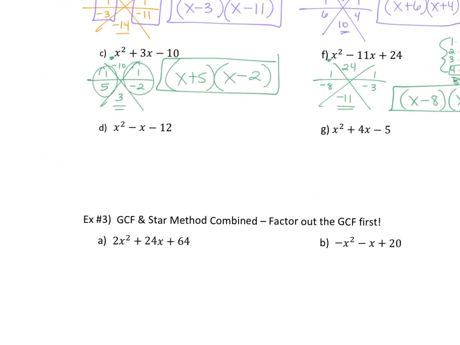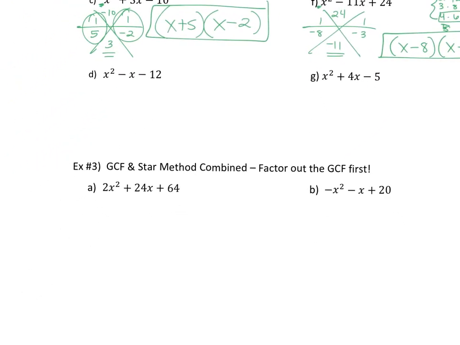All right, letter D here. If we set up our star, again, a negative 12 on top, our A is 1, a negative 1 on bottom. So what can I multiply to get a negative 12 that I can add to get a negative 1? And again, 1 times 12, 2 times 6, 3 times 4, 4 times 3 turns us around the other way.